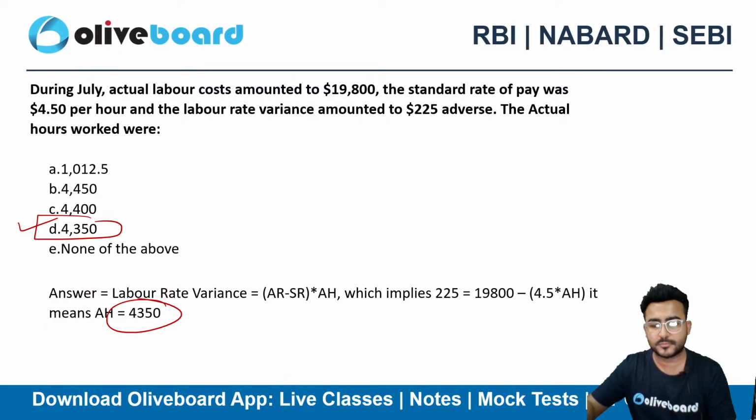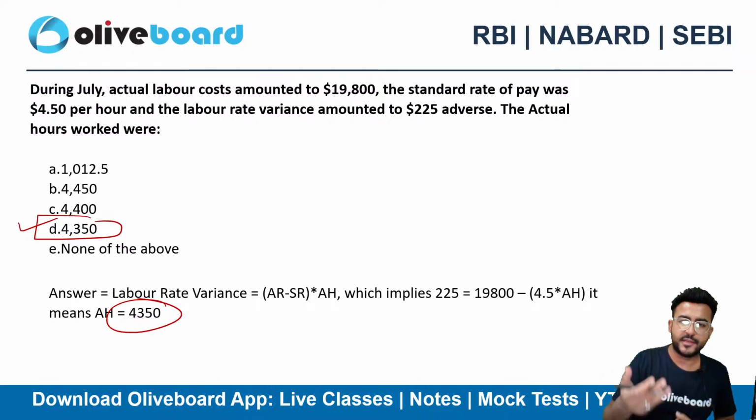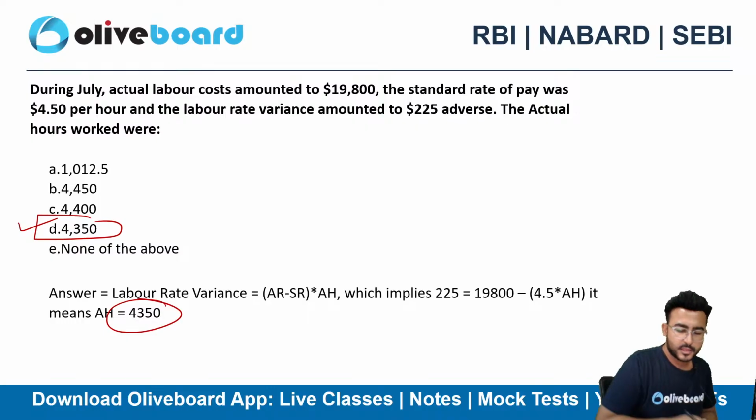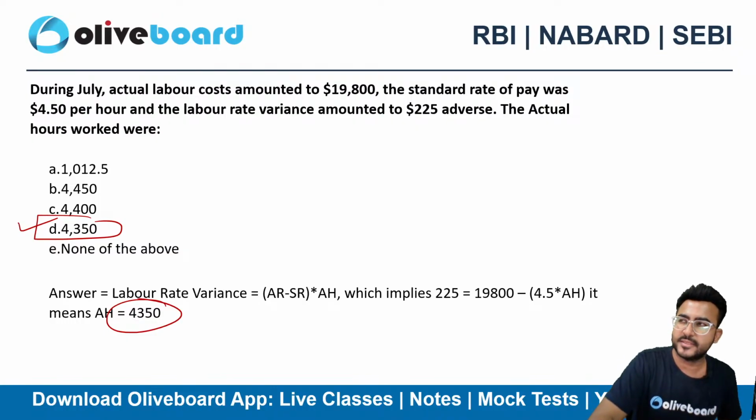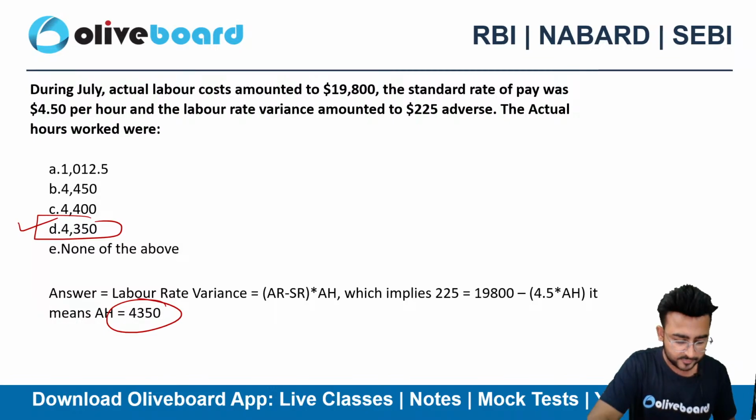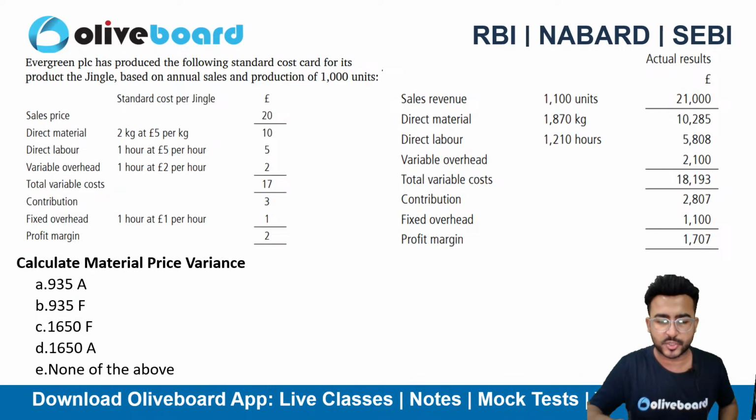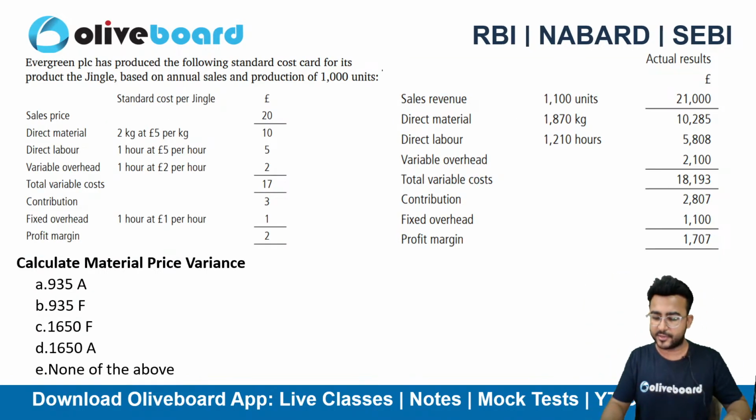So guys, even if you haven't completed the standard costing chapter yet, no worries at all. You still have time. You can easily cover it. You should cover it last, once you are done with the rest of the syllabus. That's the best way to cover standard costing. Why?